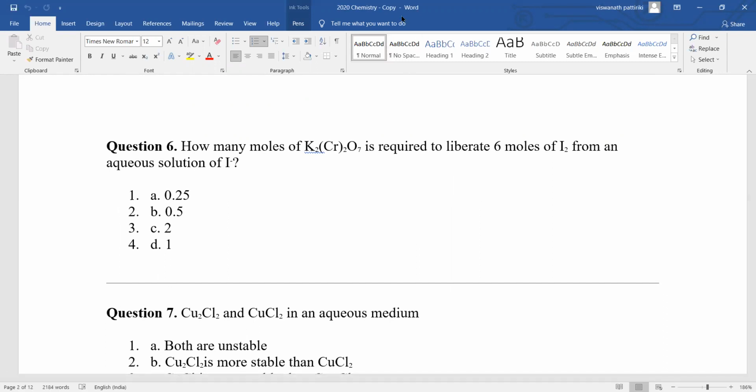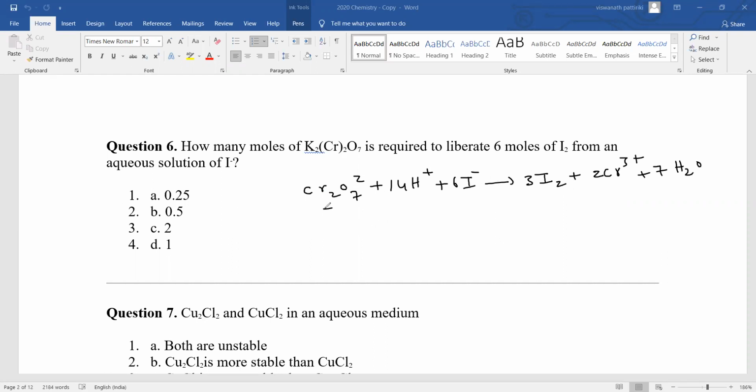The standard equation for this one is Cr2O7 2- plus 14H+ plus 6I- gives rise to 3I2 plus 2Cr3+ plus 7H2O. So this is the standard equation.